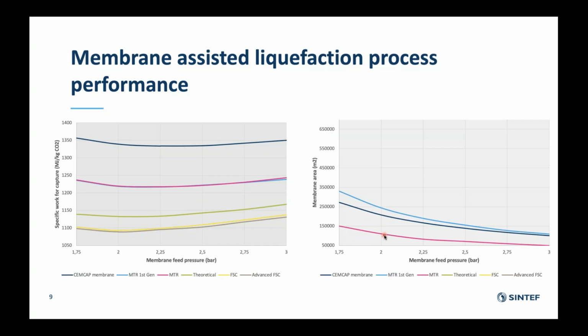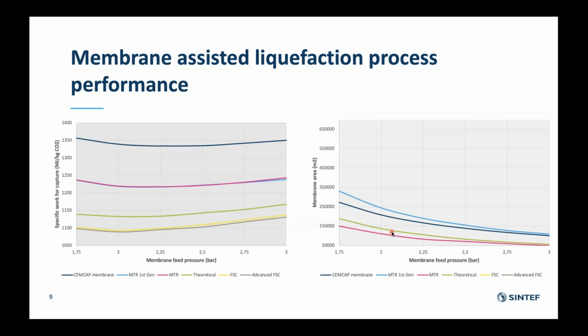So from this, we can get the generalization that higher selectivity implies higher area for the same permeance, and for the same selectivity, higher permeance means lower area. So we can expect that the theoretical membrane, which has a higher selectivity compared to MTR, requires a slightly higher area.